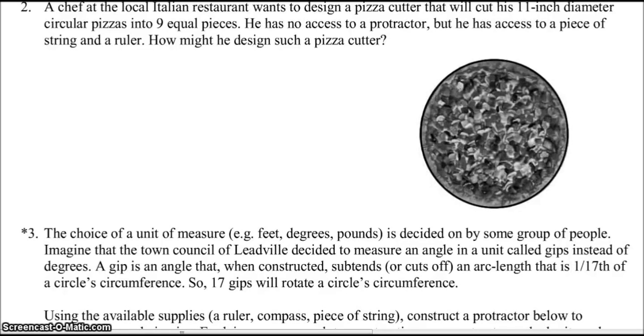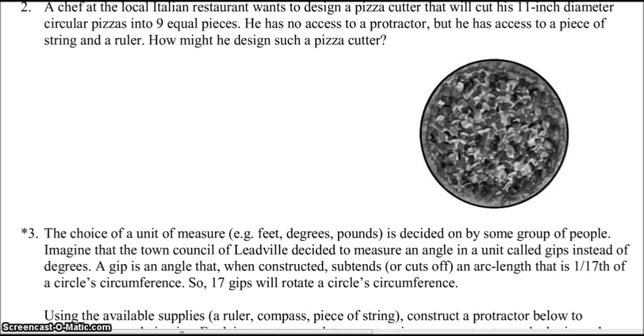So I find this chef pretty strange, and he has a pretty strange idea to make a pretty strange pizza cutter. It's not like the pizza cutters we're thinking of. It makes no sense how he would design a normal pizza cutter just to cut 9 equal pieces.